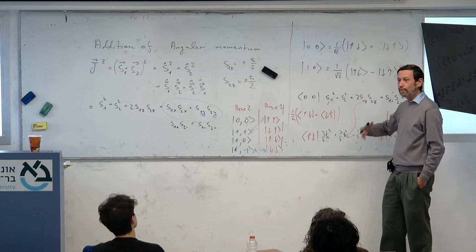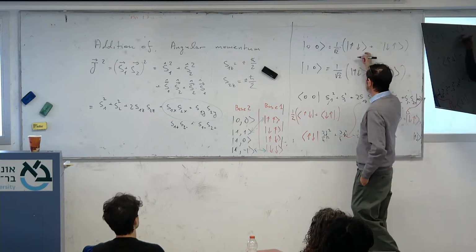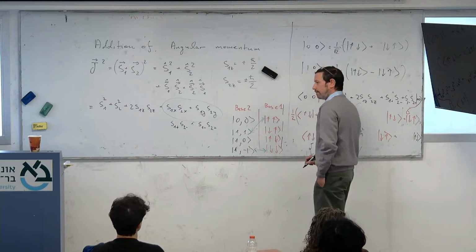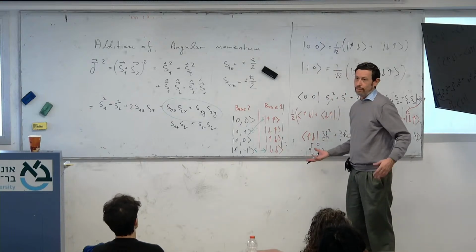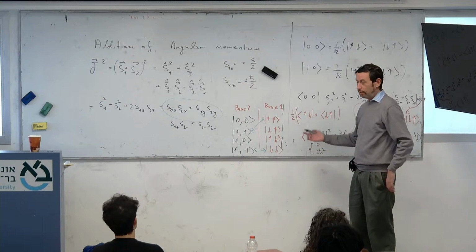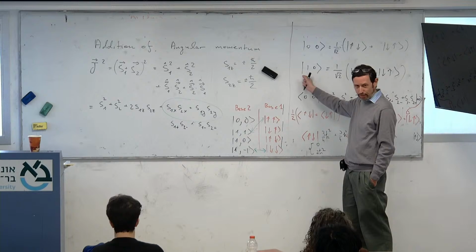You go and do the calculation. You get 0 for this one, and for this one what we wanted to prove. One of them corresponds to 0, one of them corresponds to 1.